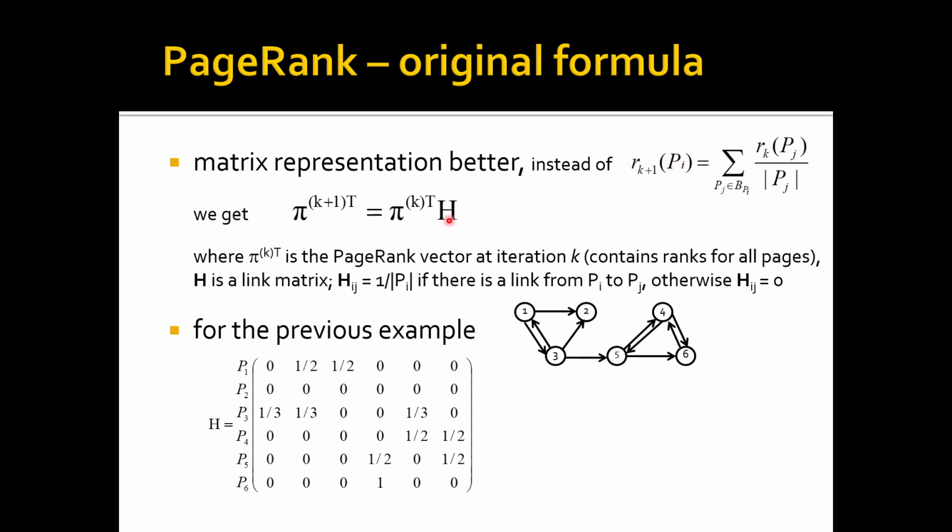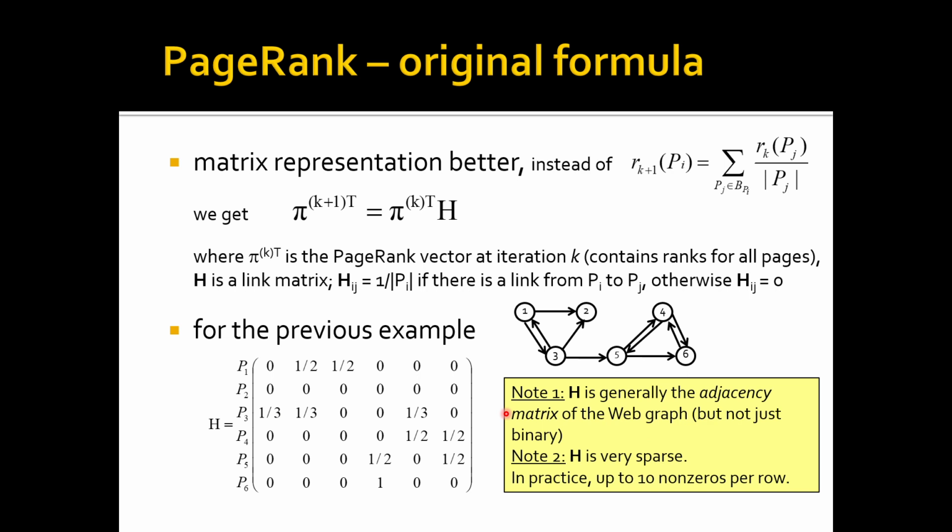So here is the k plus 1 iteration of the PageRank vector, and we get it from the kth iteration pi multiplied by the adjacency matrix H. It's basically an adjacency matrix, but normalized by the number of outlinks, so it's not just 1 there.